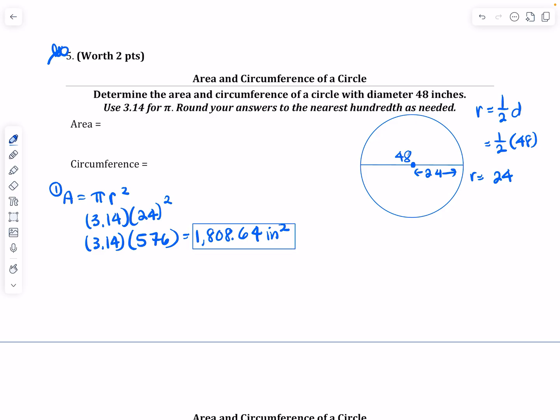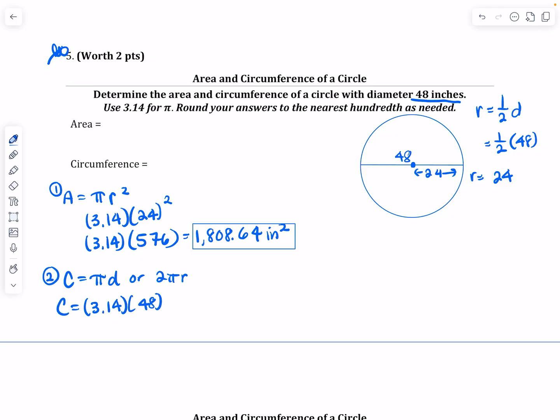Okay, so the circumference, C, can be found by taking either pi times the diameter or 2 pi r. So it doesn't matter. I'm going to go ahead and use the diameter because it was given in the original as being 48 inches. So pi, remember, they said to use 3.14, times the diameter, which is 48.